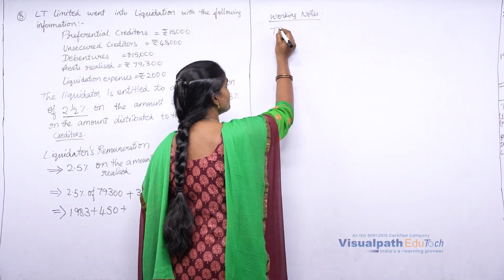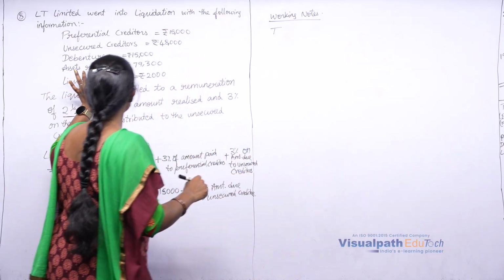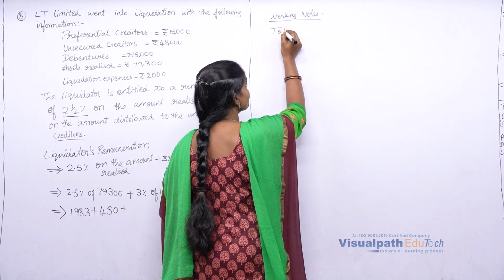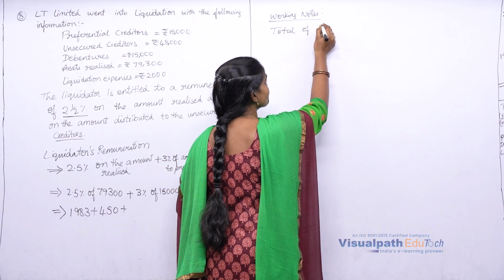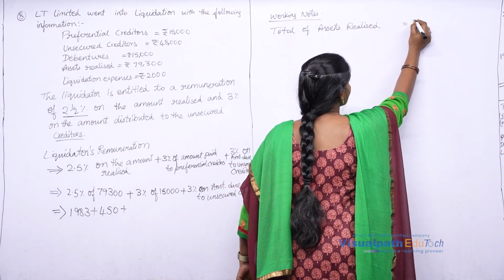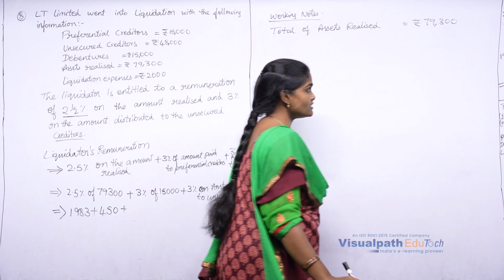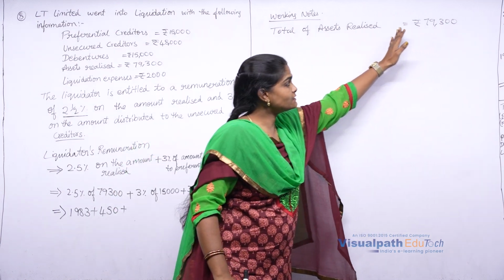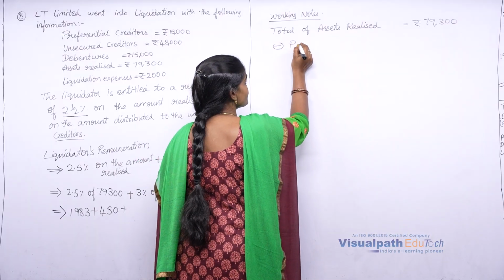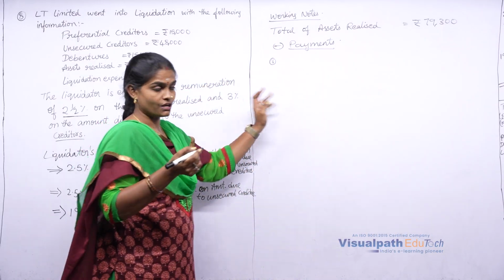First, total amount available or total amount realized from assets. Assets realized is 79,300. Total of assets realized is rupees 79,300. From this, after we realize the assets, we start making payments. So, minus payments. Clear? First, we begin with liquidator's remuneration.